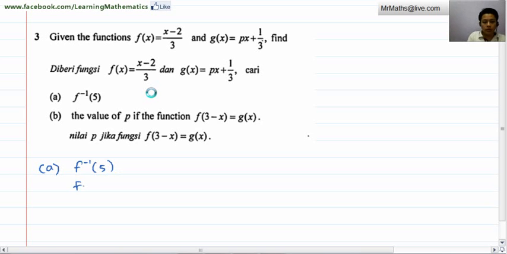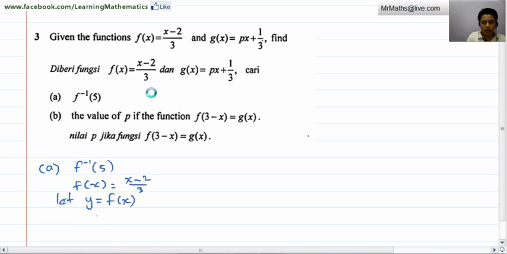Given that f(x) is equal to (x minus 2) over 3, we want to find the inverse function of f. What is that, right? So let y equal to f(x). y is just a temporary placeholder to keep the variable, so that it is easier to manage.